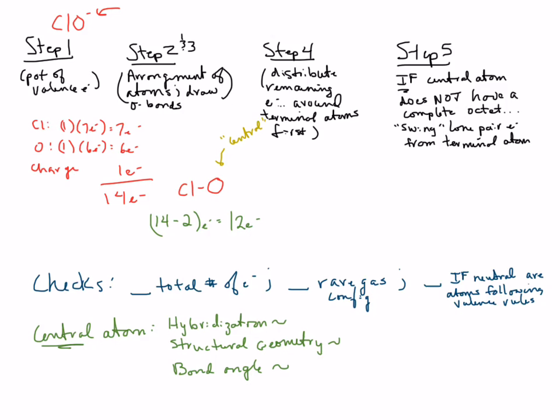And again, I would put them around the terminal one first, which is the chlorine atom, and then around the oxygen if you have any left. So it looks like the chlorine wants 6, and the oxygen also wants 6, doesn't it? So yeah, it equals 12. So actually step number 5 does not apply because our oxygen, we had plenty of electrons to make it happy.